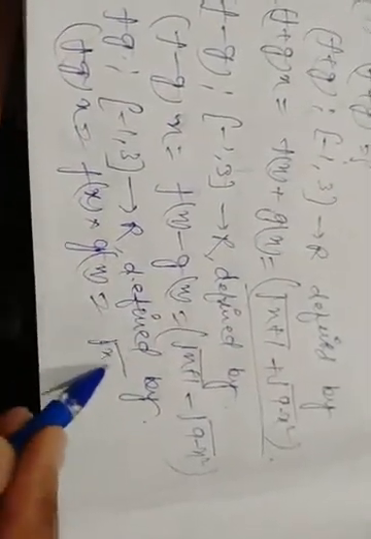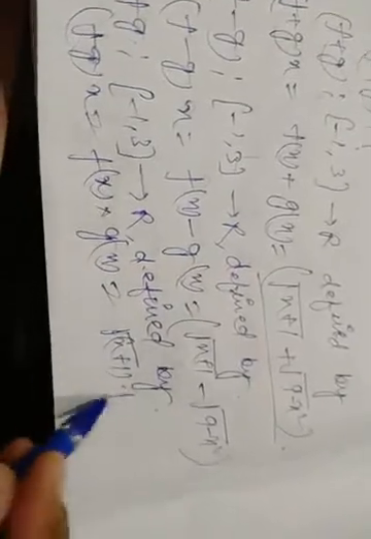So we have what? Under root x plus 1 into under root 9 minus x square. That is one another answer. This is one answer. This is another answer. Third.